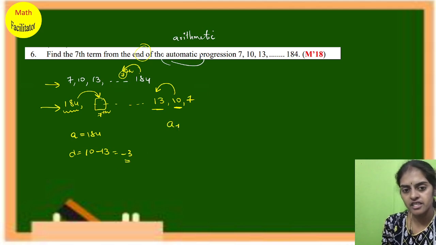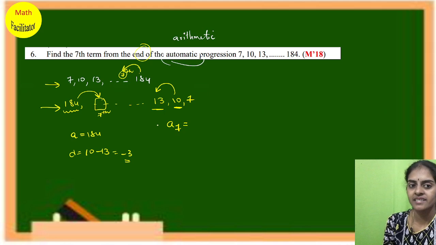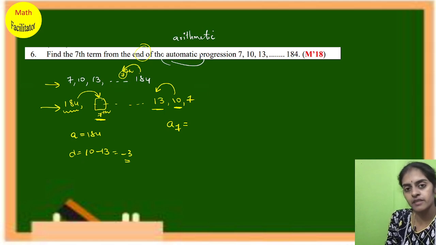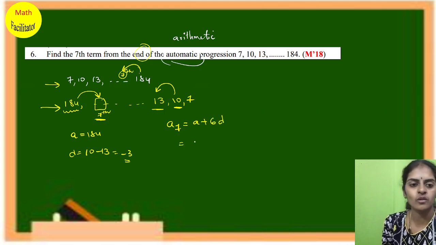I need to find which term? The seventh term from the end. But when I reverse it, it is the seventh term from the start. So in the reverse AP I need to find the seventh term. A7 is nothing but A plus 6D. So A is 184, plus 6 into D, which is minus 3.